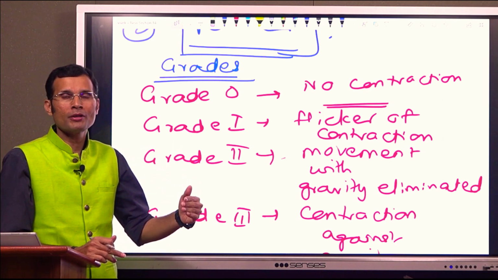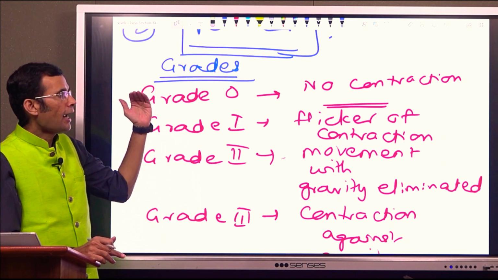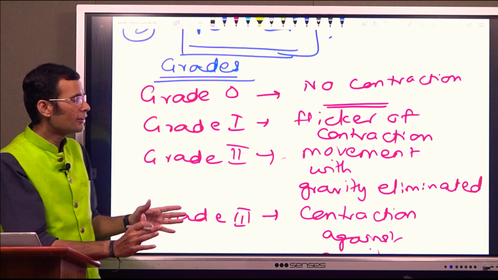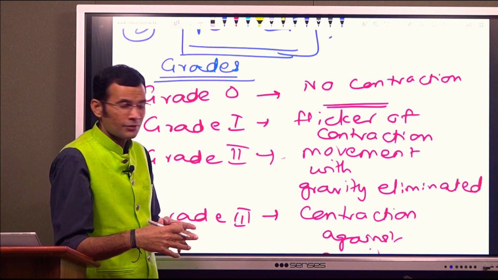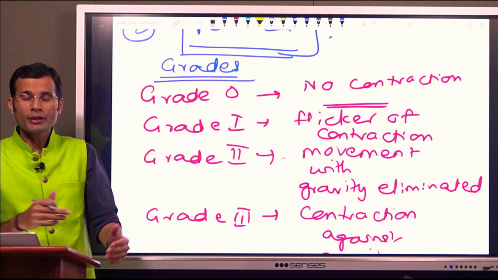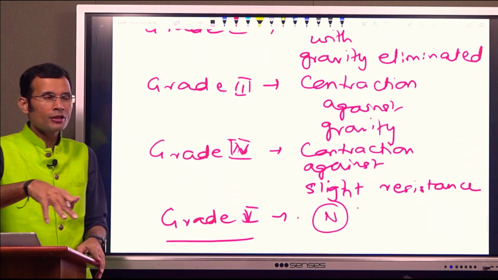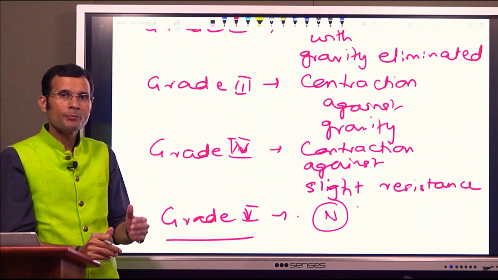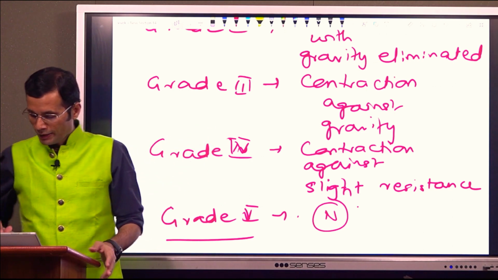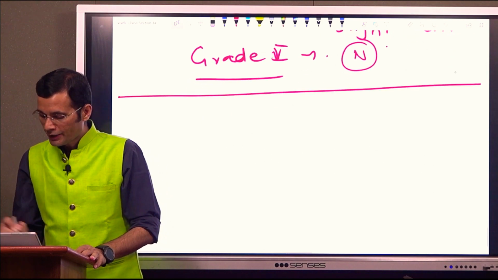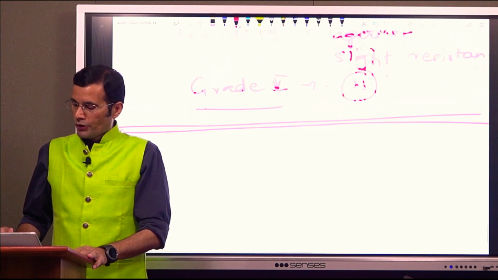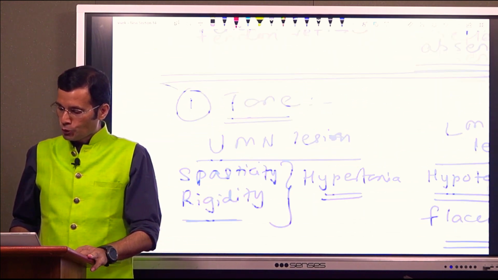Step by step the power might return, and when the power returns, you can see the grades, and accordingly you can make the inference that okay, it's improving. So that's one reason why you have to know these grades of power. Step by step return of power can be seen, and that's why you have to know the grades of power. Right. So that was tone and power.